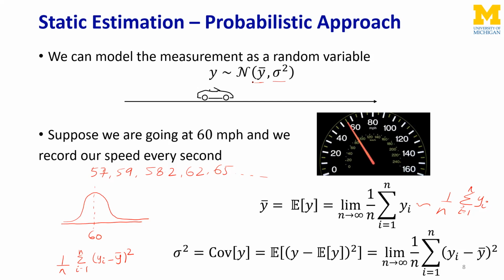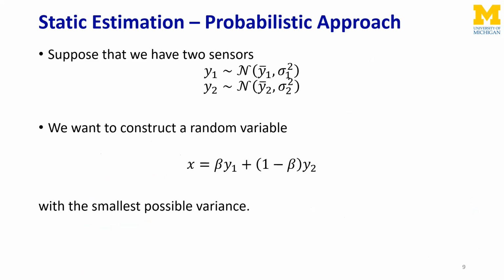Okay, now let's say we have a bunch of these values. What do we do? How do we produce a better estimate of a variable when we have measurements from sensors which are distributed per this distribution? So let me get more specific.